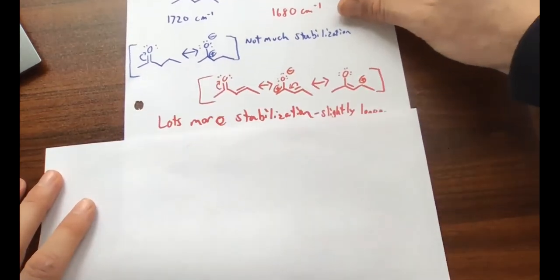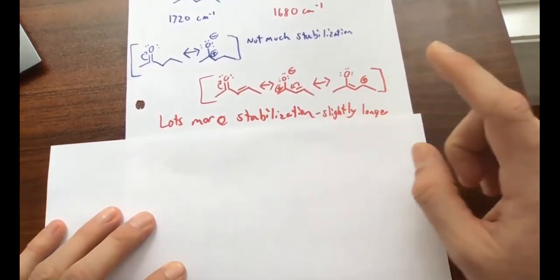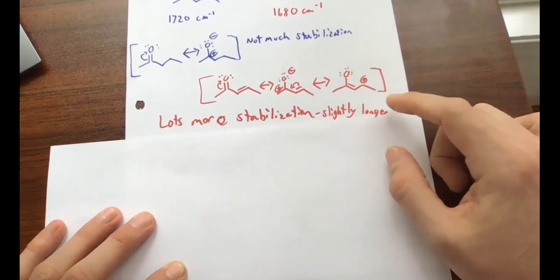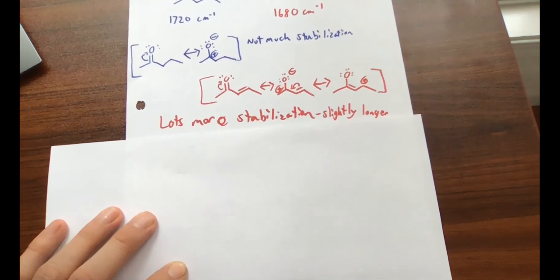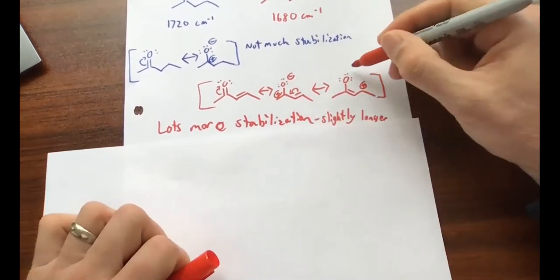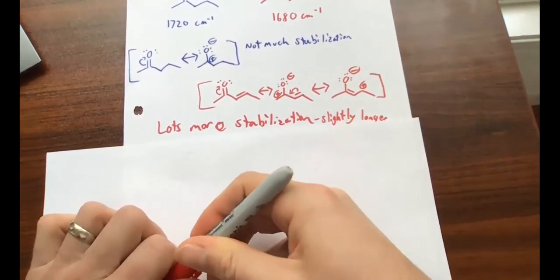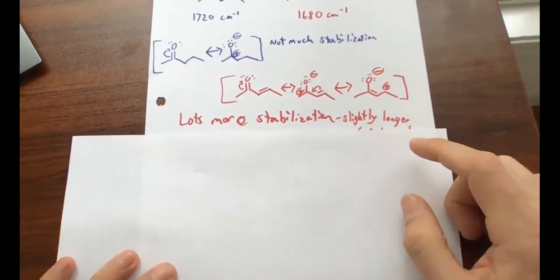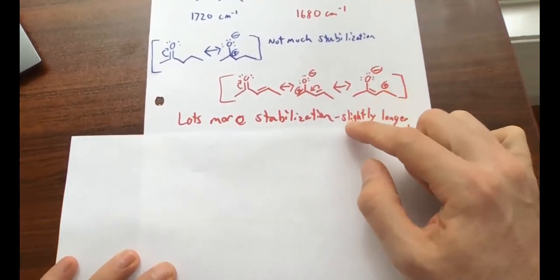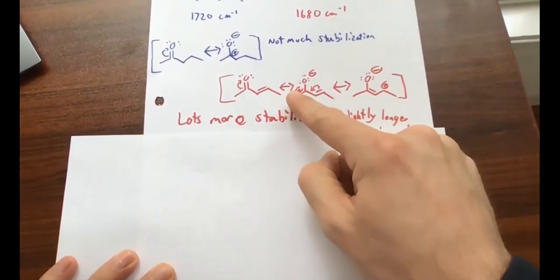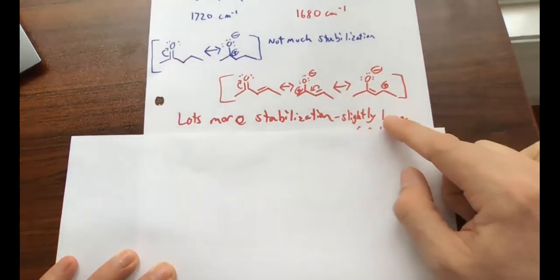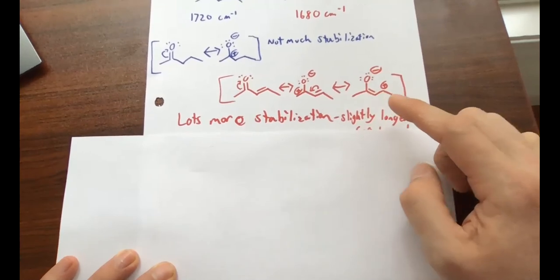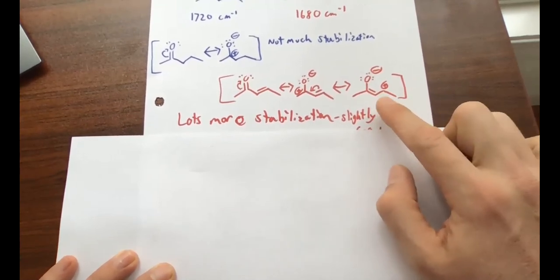However, with the red one, there are 3 resonance structures you can draw where the negatively charged oxygen, I left a negative charge out, the negatively charged oxygen, there we are, can be very happy in the charge separated state because it not only has the same one that we saw above for the blue, but also one where the double bond has helped to spread out some of that positive charge.